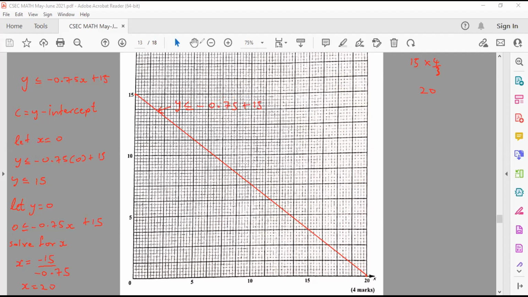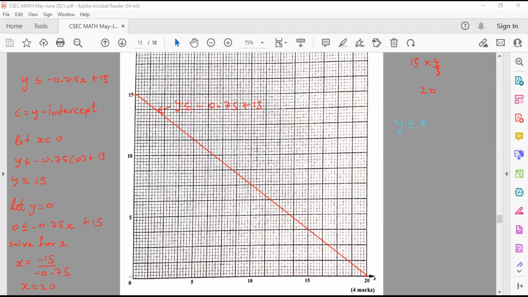The next inequality is y is less than or equal to x. Right? Y is less than or equal to x, which basically means if y is 0, x is 0. If y is 5, x is 5.